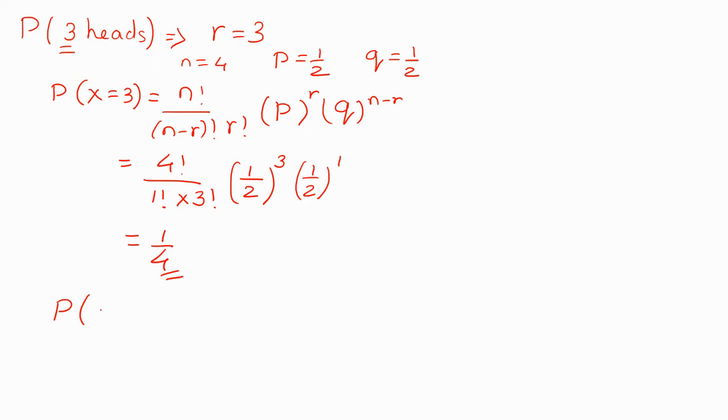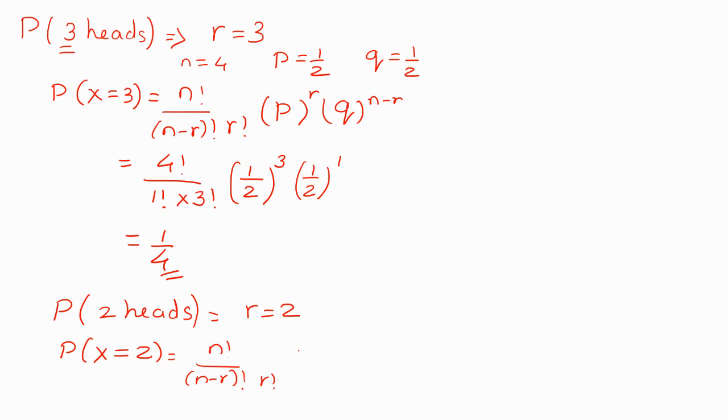Now again, similarly, probability of 2 heads. Now this one will change. Probability of 2 heads means r is equal to 2 now. So in this case, the probability of x equals 2 will be n factorial upon n minus r factorial into p raised to r, q raised to n minus r.